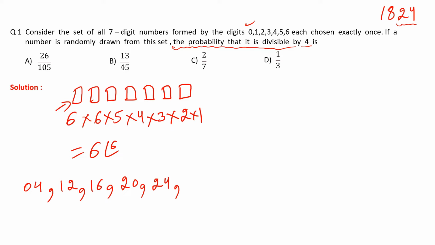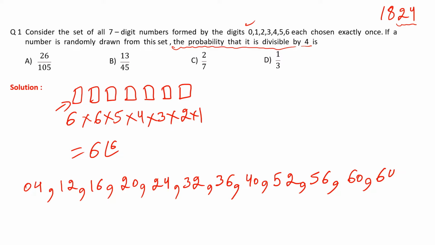Then we move to 3: it is 3, 2 and 3, 6. Then we move to 4: 4, 0. We cannot write 4, 1; 4, 2; 4, 3; 4, 4; 4, 5; 4, 6, they are not possible. Now we move to 5: it is 5, 2, then 5, 6. And lastly, we write 6, 0 and 6, 4. These are the possible groups.